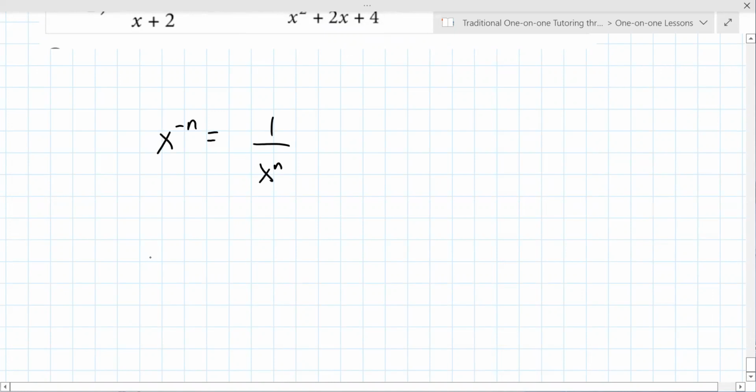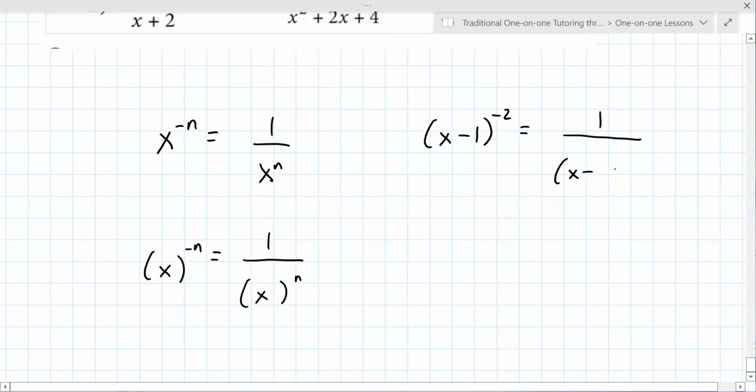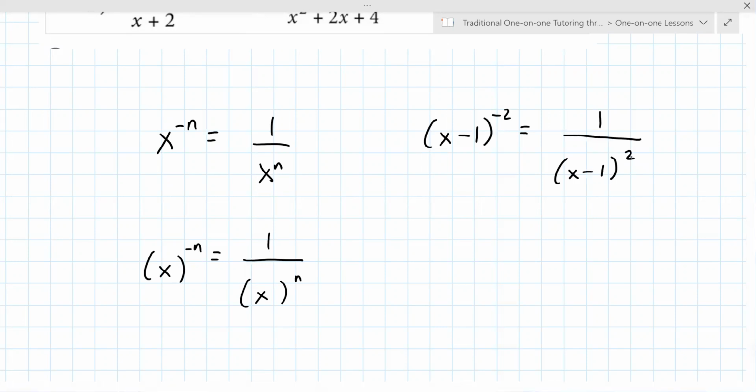But more generally, it's whatever is inside parentheses goes down to the bottom. So let's say it's x minus 1 to the -2 power. This becomes 1 over x minus 1 squared. Okay, so it just switches so it can change the exponent to a positive number. Yes.